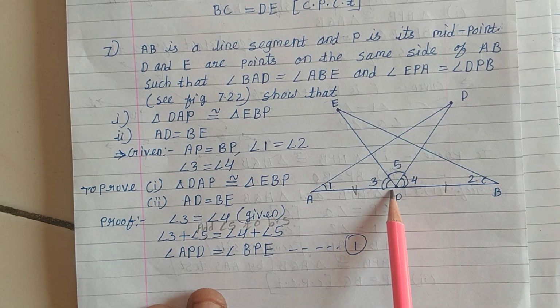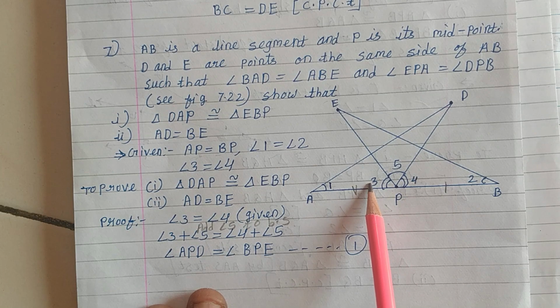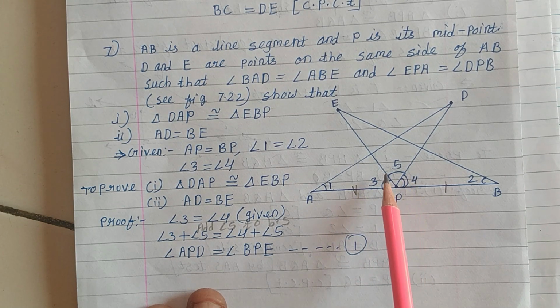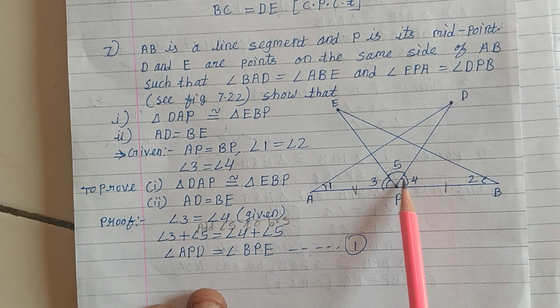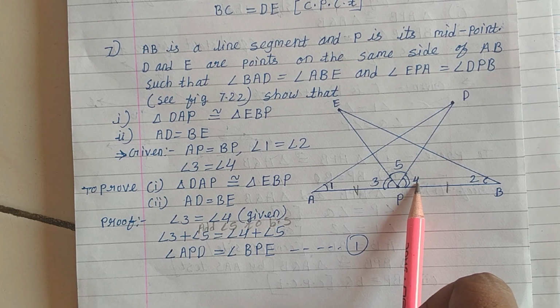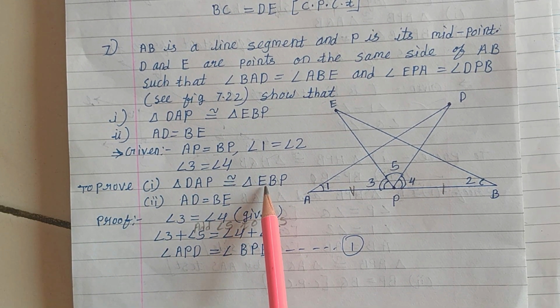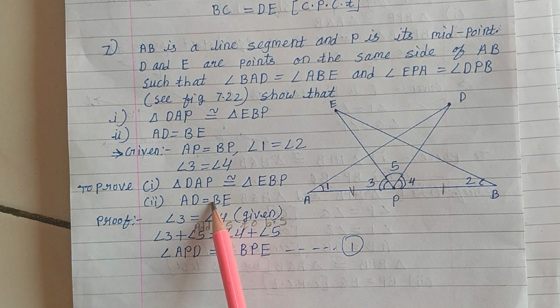Similarly in EBP, whole angle P is coming, that is 4 plus 5. That means angle 3 is equal to angle 4. So we have to add angle 5 to each of angle 3 and angle 4. Okay. So we have to show DAP is congruent to triangle EBP and AD equal to BE.